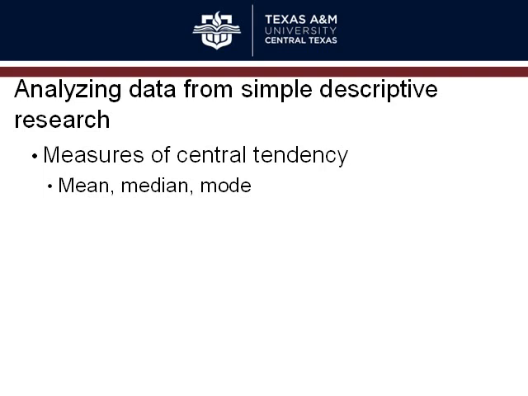So all three are used, but the one most commonly used and most representative, typically, of central tendency is the mean. Especially if you have a normal distribution, they'll all be the same number, which is nice.